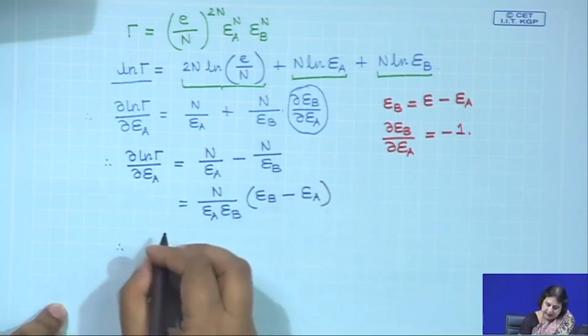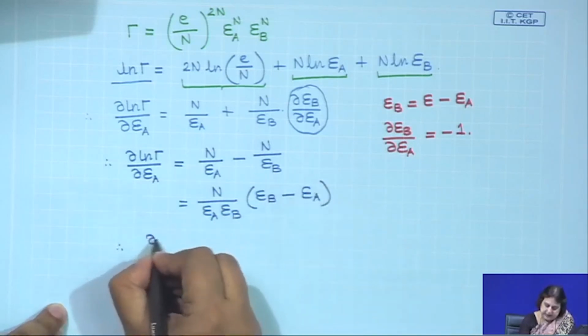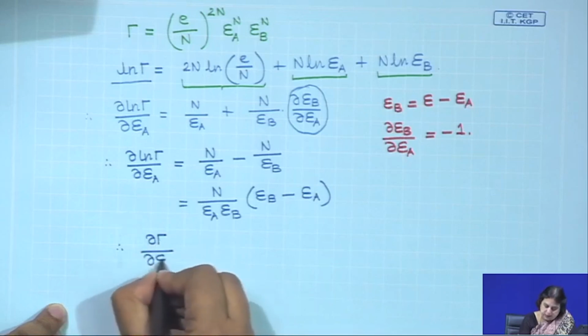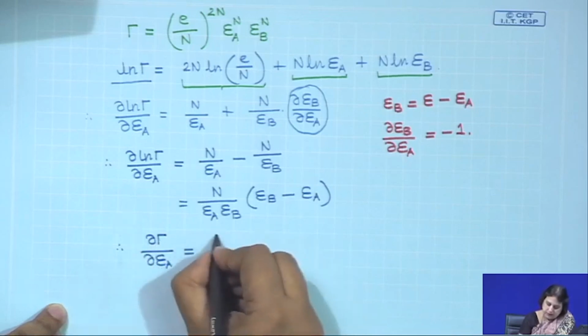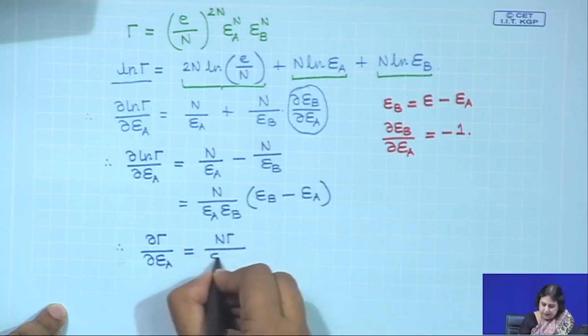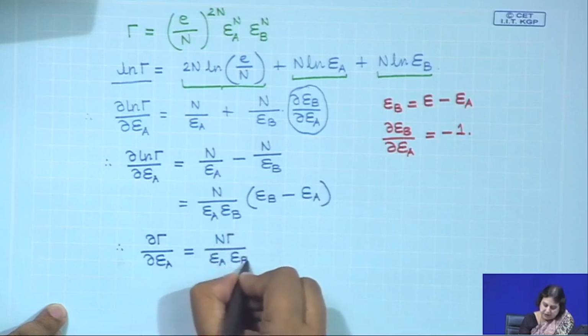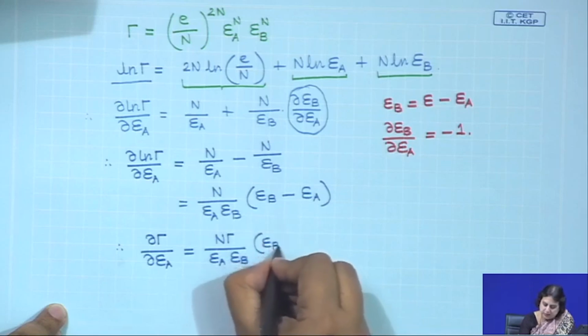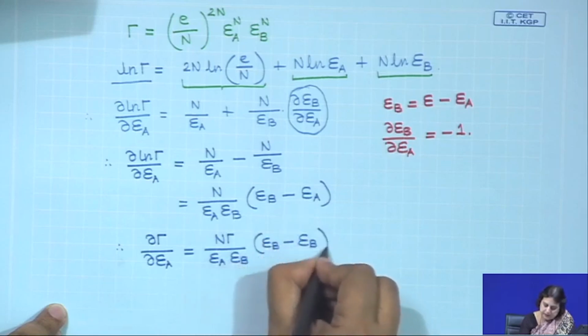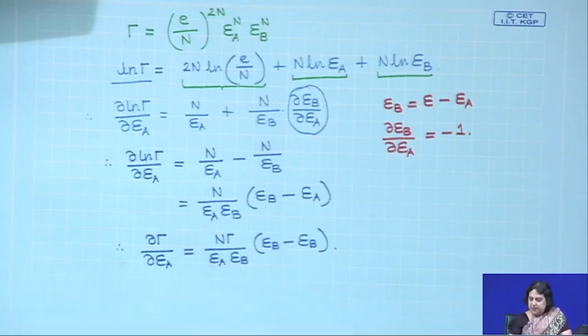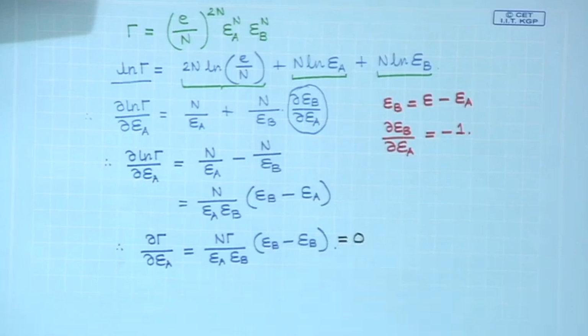So, finally, I can say that del gamma by del epsilon A is equal to capital N gamma and a function of the two energies epsilon A and epsilon B. Now, if this function gamma has to exhibit a maximum, I must have this quantity become equal to 0, and under what condition will this first derivative become equal to 0?